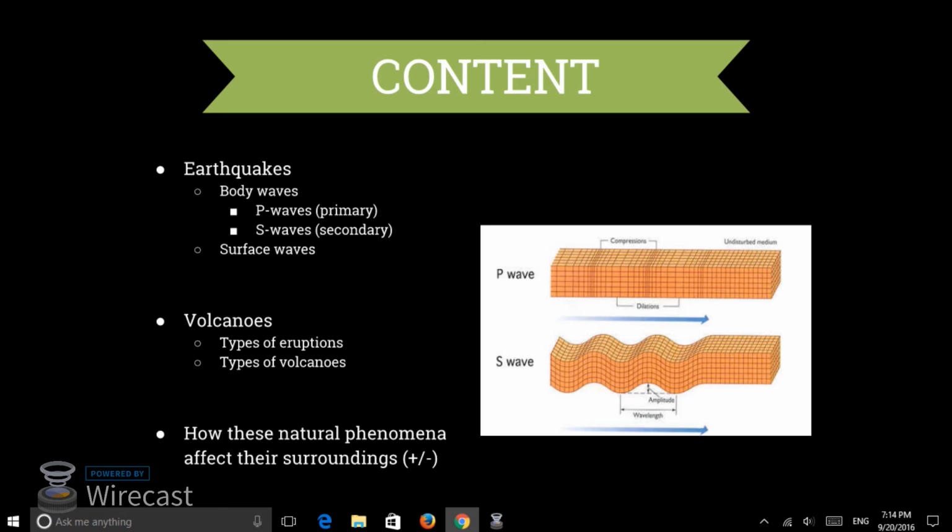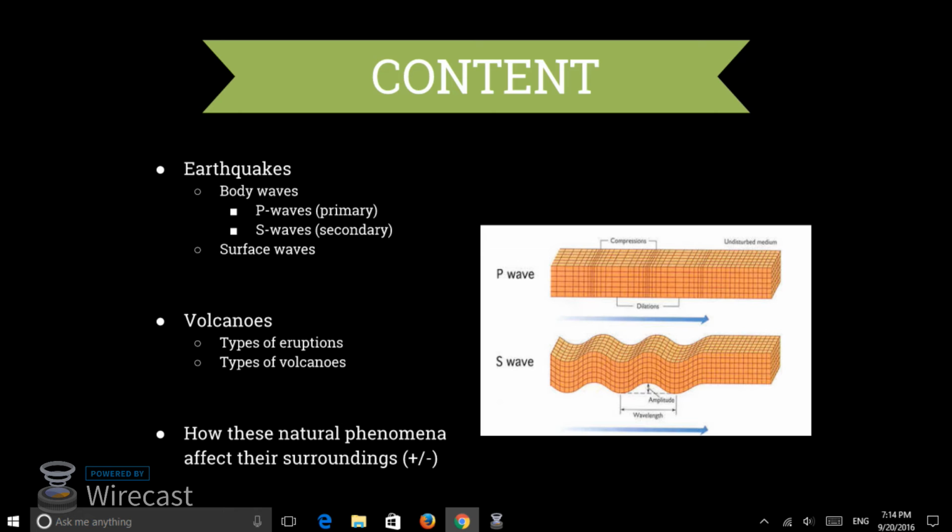And S waves are secondary waves, as I mentioned, and they can only move through solid rock. They can't go through liquid mediums. And it's this property of S waves that led seismologists to conclude that the Earth's outer core is a liquid.